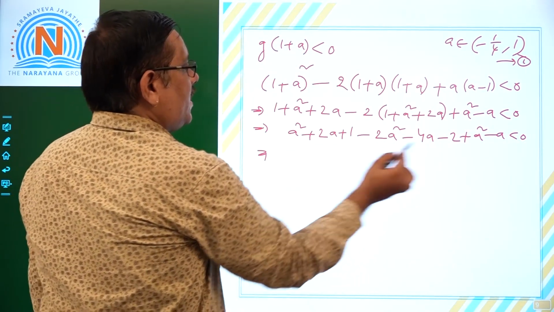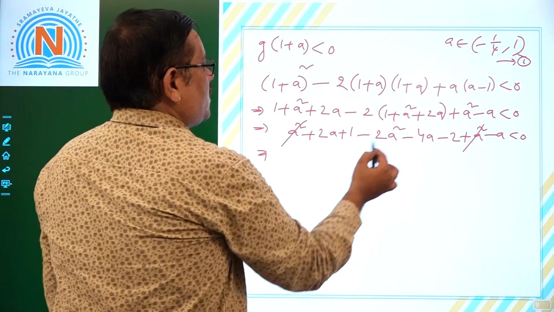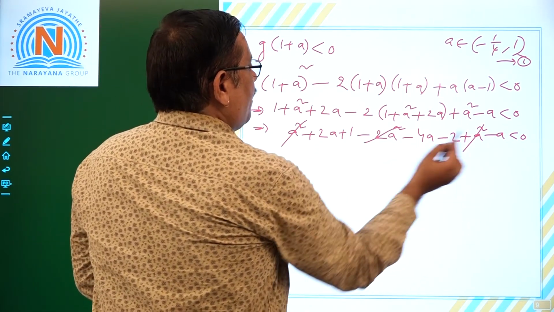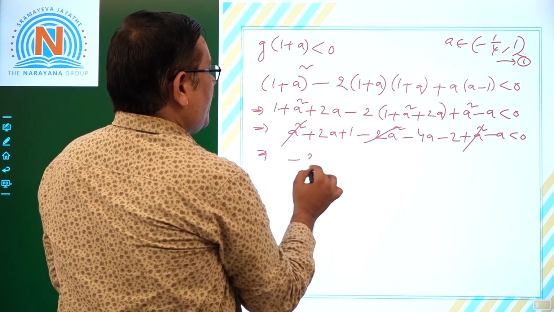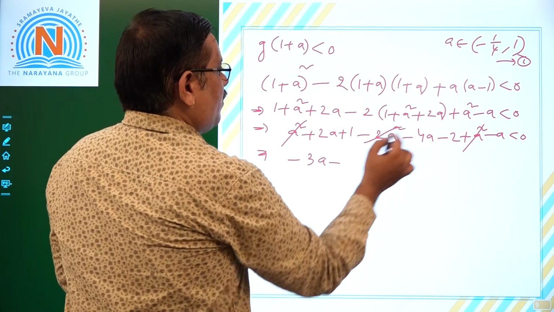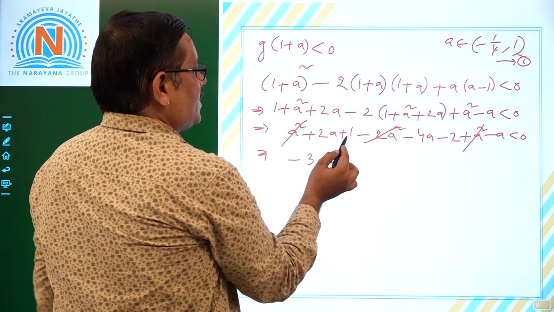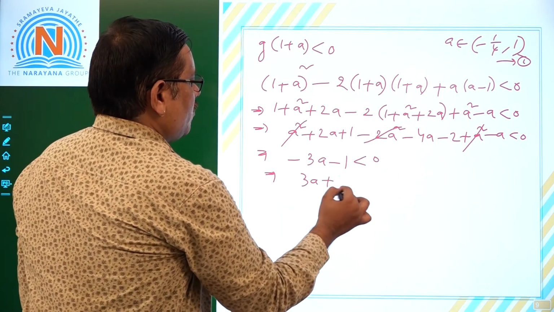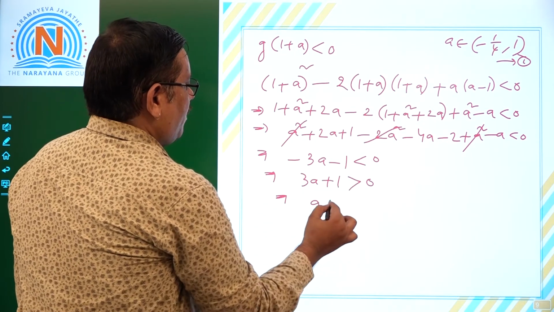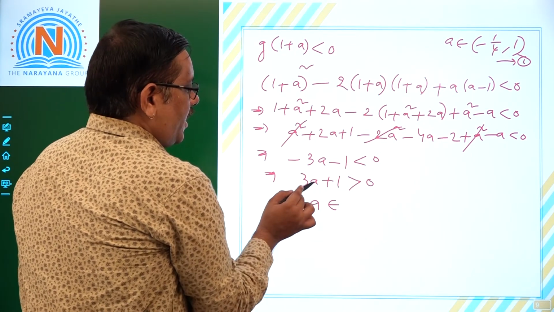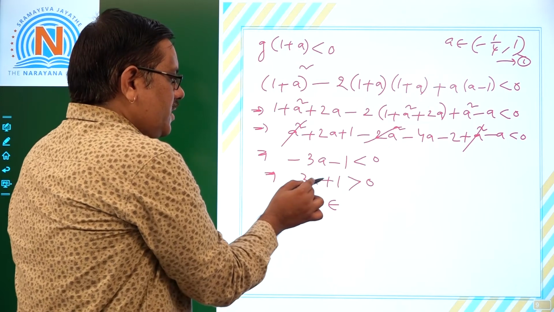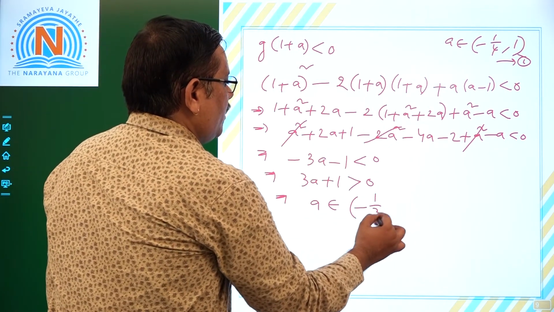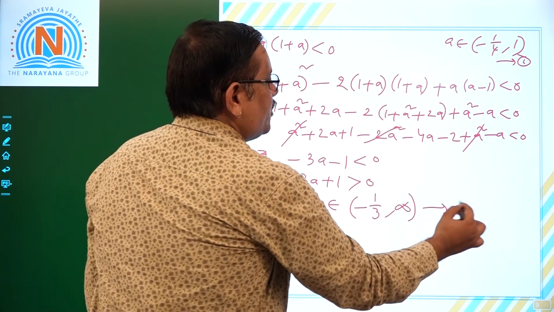The a square terms cancel, so we have 2a minus 4a minus a, that is minus 3a, and 1 minus 2, that is minus 1, less than 0. That implies 3a plus 1 is more than 0, so 3a is more than minus 1. a belongs to minus 1 by 3 to infinity. This is the second condition.